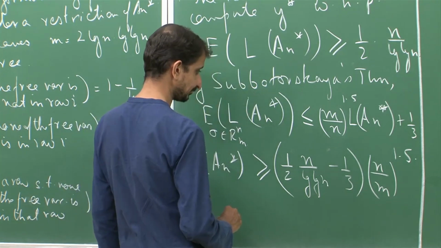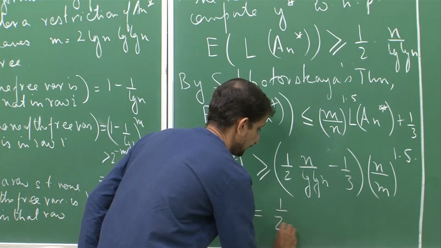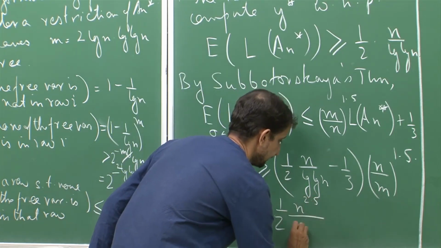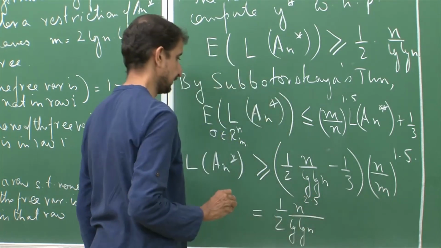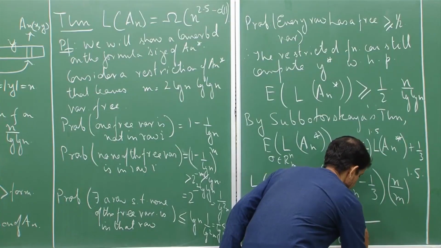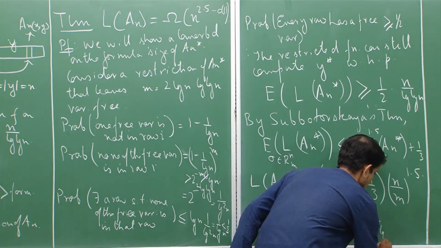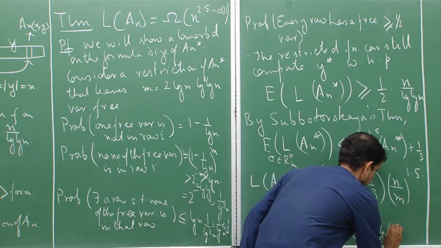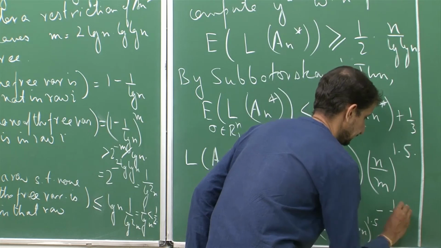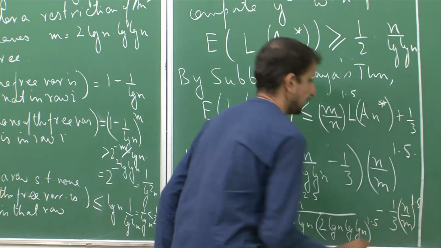So, this is equal to half n to the power 2.5 divided by log n times 2 log n to the power 1.5, minus 1/3 n by m to the power 1.5.